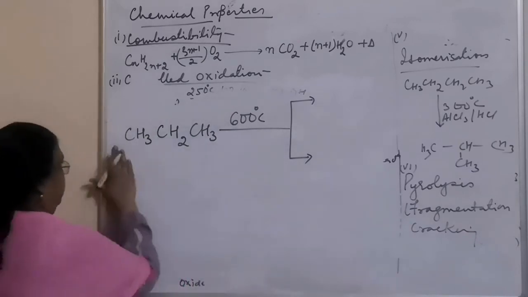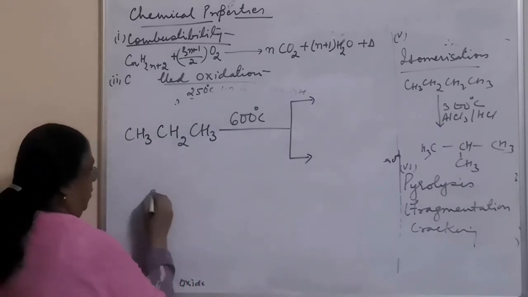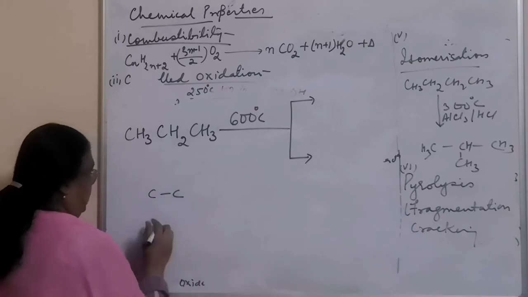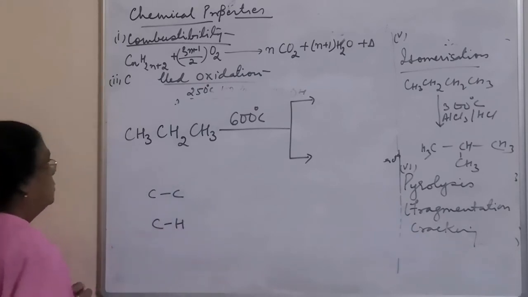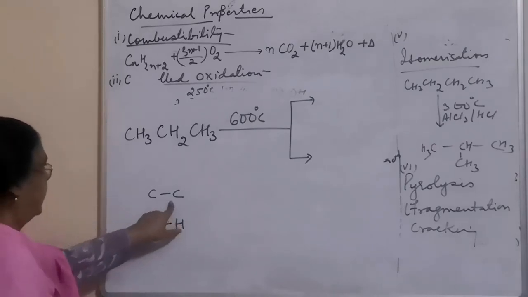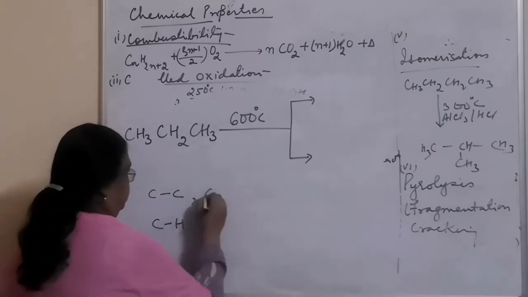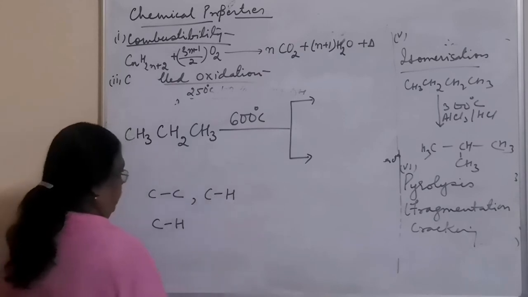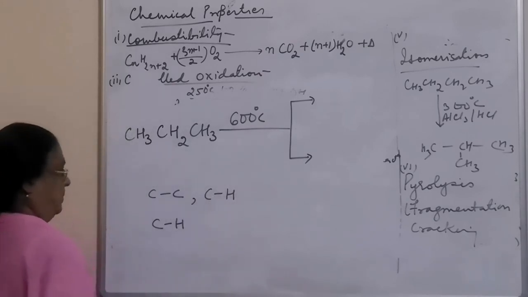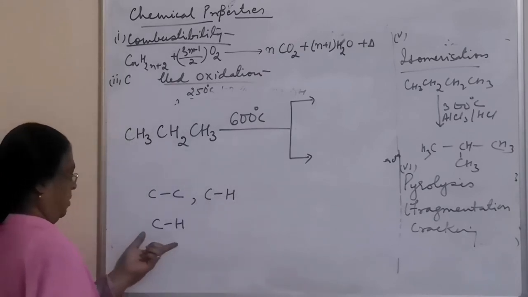One will be when the carbon-carbon bond breaks, and the other will be when the carbon-hydrogen bond breaks. When the carbon-carbon bond breaks, it is always followed by carbon-hydrogen bond breaking. Or it may be simply a carbon-hydrogen bond breaking, not carbon-carbon.